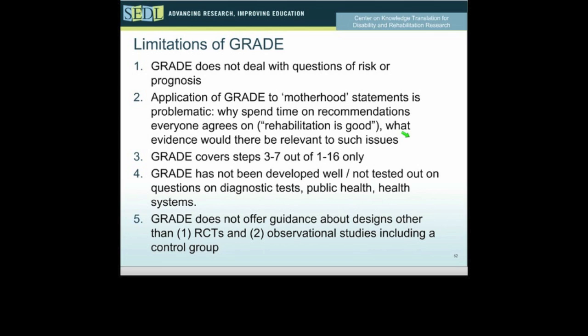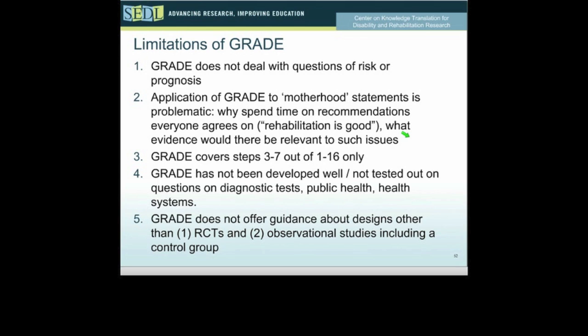On the limitation side, it doesn't deal with the questions of risk or prognosis or other things that I said AAN does. It doesn't help you much with what Gordon Guyatt has called motherhood questions.